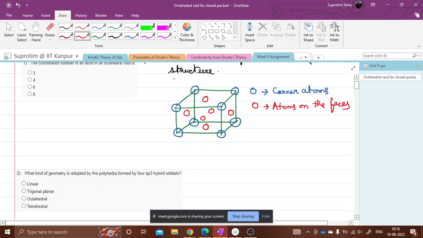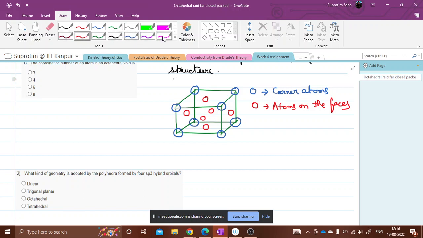For octahedral voids you have to have this octahedral structure, so let me draw what your octahedra would be in a different color. These are all sitting at the center of the faces. This is on the top face, this is on the bottom face, and these are on the sides. So let's join it.